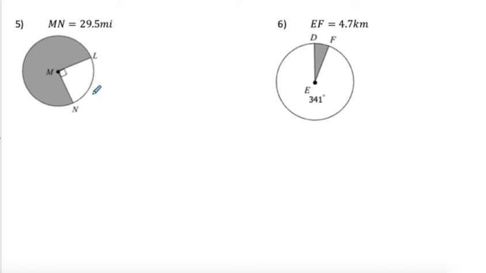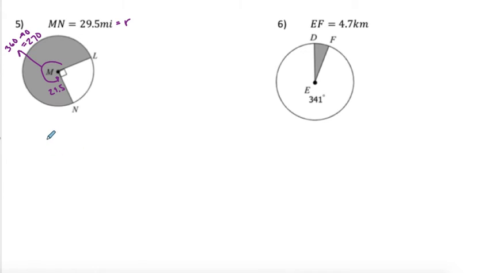So let's look at number 5. If this is 90, okay, so how far is it around on this side in the shaded? So if I take 360 minus 90, that's where I get the 270. All right, and then M to N is 29.5, so that's where they give us the radius here.